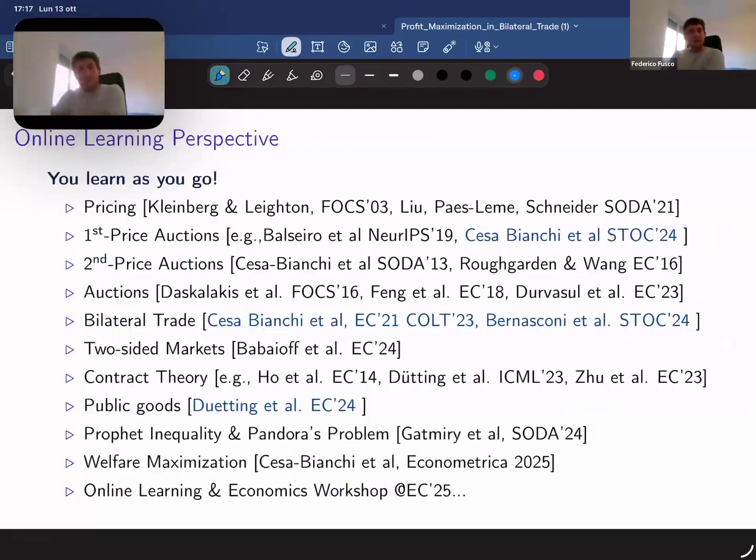Awesome. And the perspective that we are going to adopt to study this learning process is online learning, which captures other models of learning that you may have heard of, like sample complexity, or also to some extent active learning. The motto is: you learn as you go.